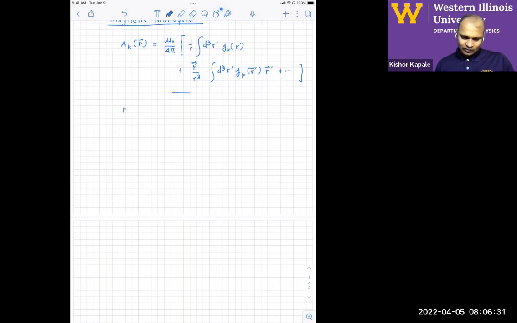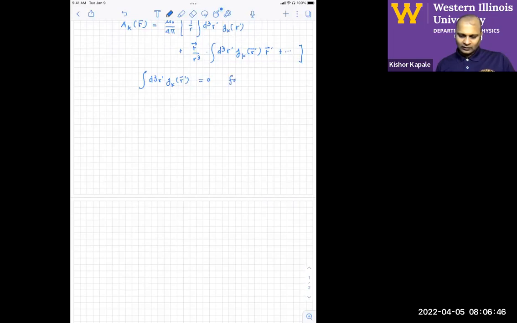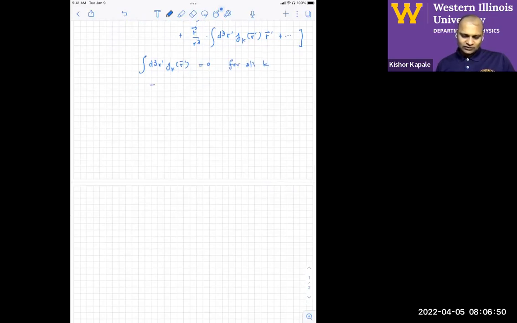So let's take a look at the monopole. And so the monopole term is, the goal is to show that ∫d³r′ jk(r′) is equal to 0 for all k. And the best way to do that is just basically show that the divergence of j of r is equal to 0.